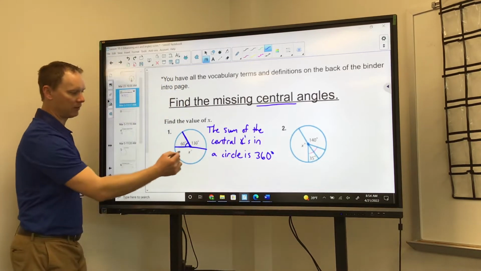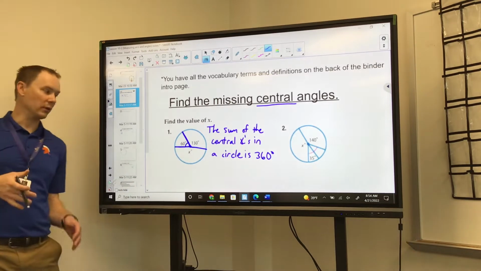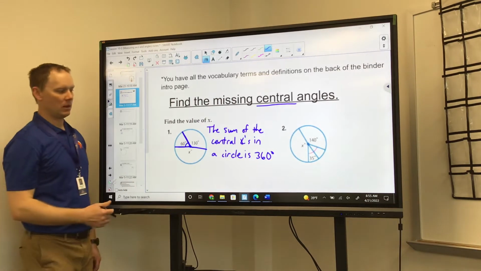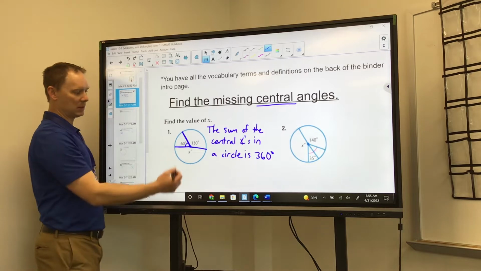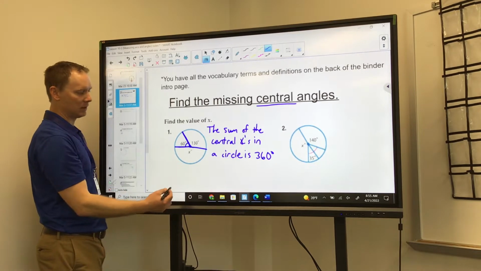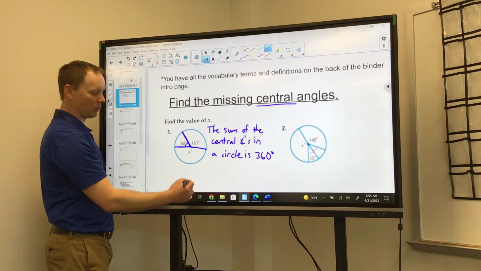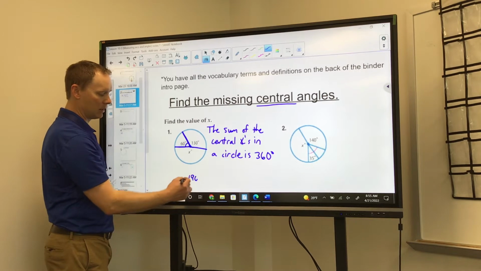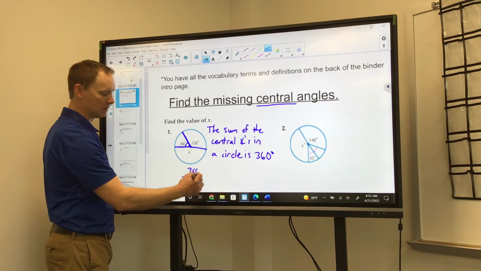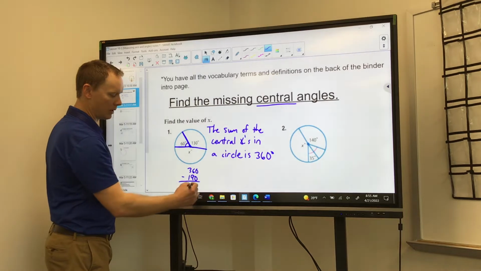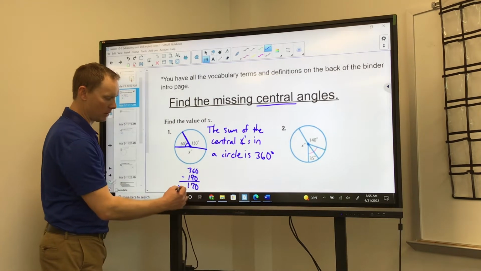So all three of these central angles, as long as they're not overlapping, would add up to 360. So in this case, to find the measure of angle x, we would simply add 60 and 130 to get 190 degrees, subtract that away from 360, and you get 170 degrees for your angle x.